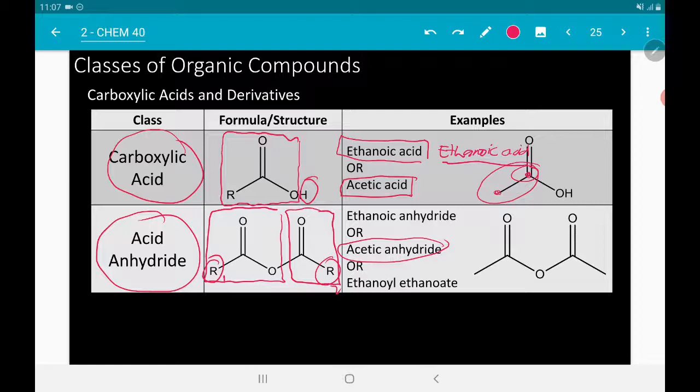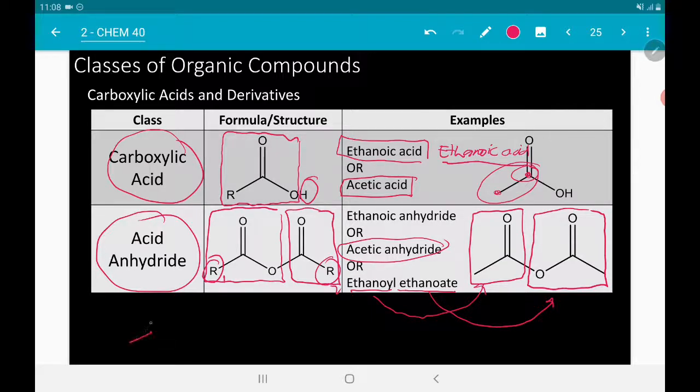You can also call this ethanoyl, because of the ethanoyl acyl group. Okay, and the one here is ethanoate. So ethanoyl is intended for the acyl group only, while the ethanoate is intended for the conjugate base of ethanoic acid.